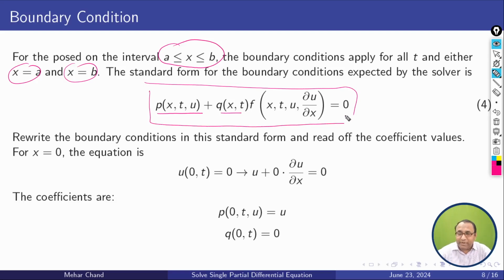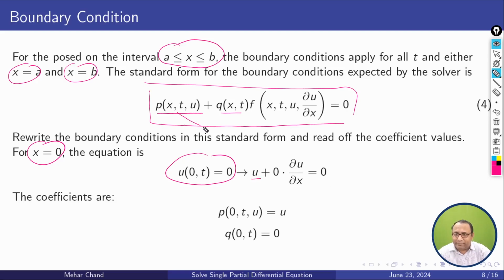So every boundary condition we need to compare with this one, which is expected by the PDE solver. For x equal to 0 we have u(0,t) equal to 0. This is the left boundary condition, and it can be easily converted to the form required by the PDE solver. We can rewrite it as u plus 0 times du/dx equal to 0.